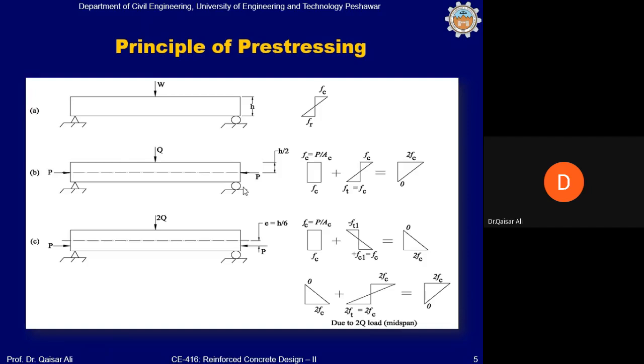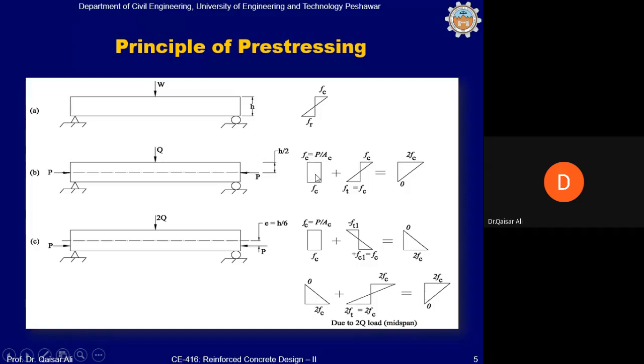Now, when the beam is in the pre-compression state, we apply the load Q. When the load Q is applied, as discussed earlier, the same state of stress will be produced, but then this state of stress which is produced by Q will be added to the already existing state of stress. The already existing state of stress is Fc equal to P divided by A, it is already there.